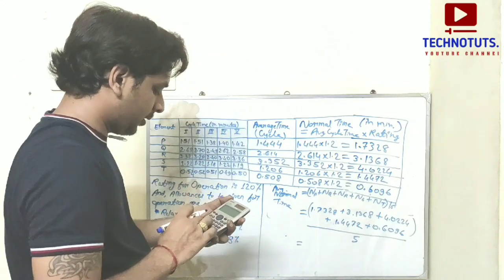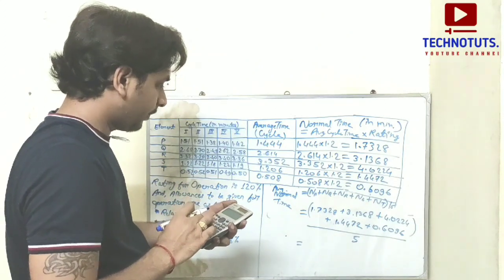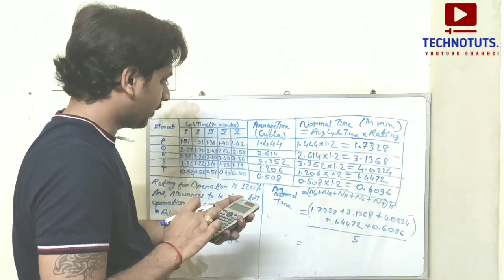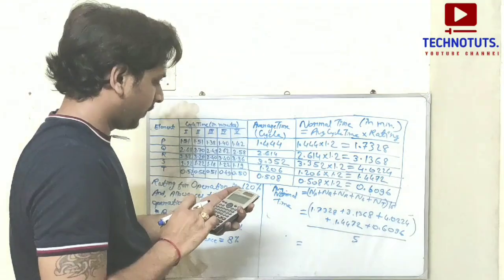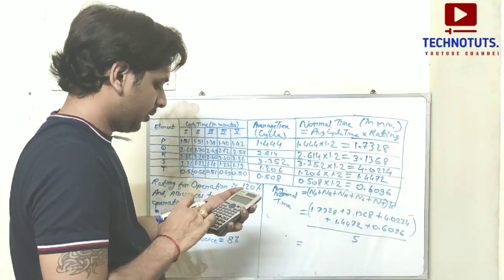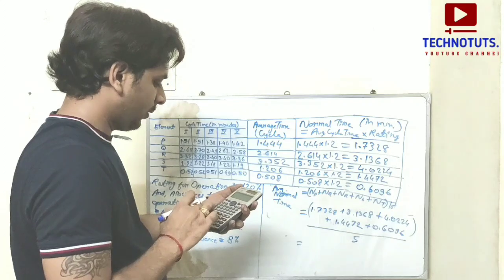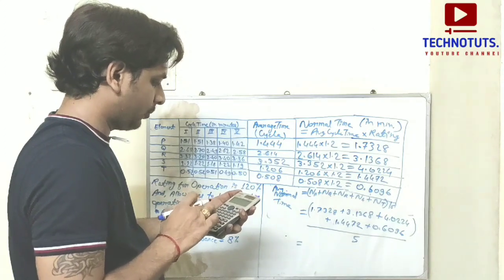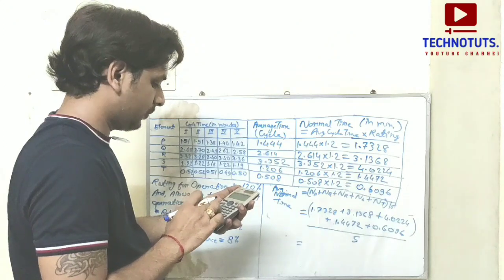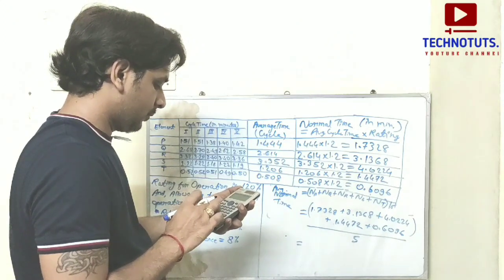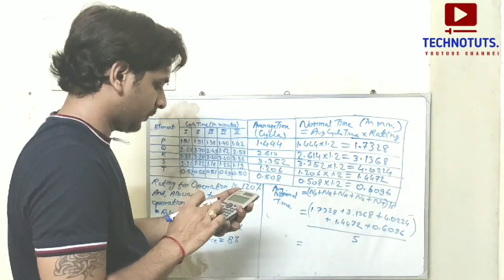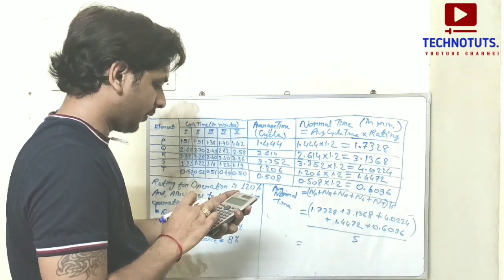The final average normal time will be 1.7328 plus 3.1368 plus 4.0224 plus 1.4472 plus 0.6096 divided by 5.